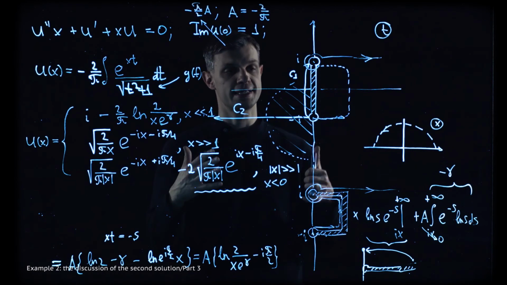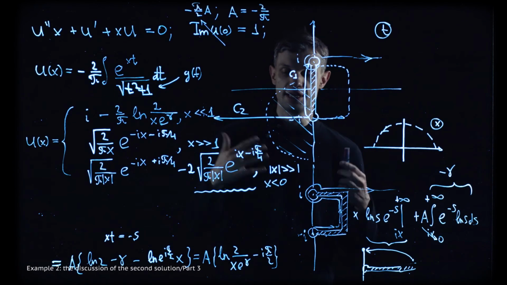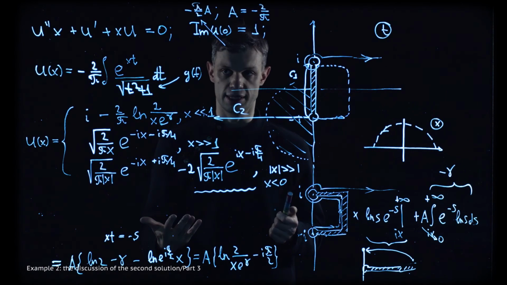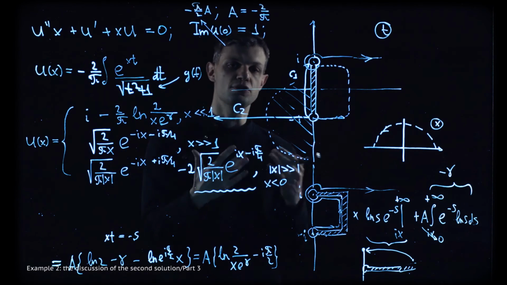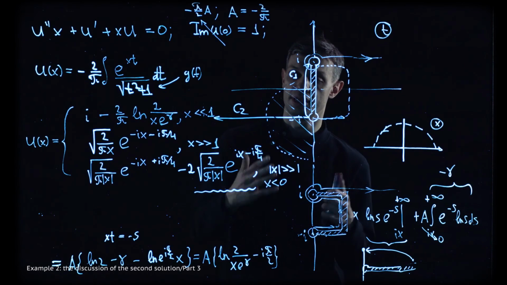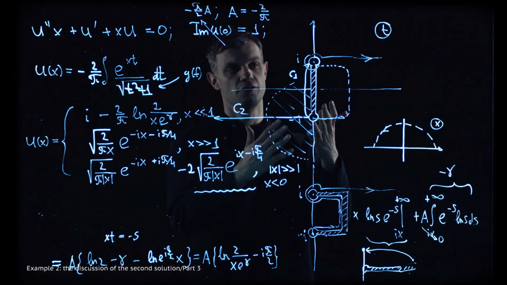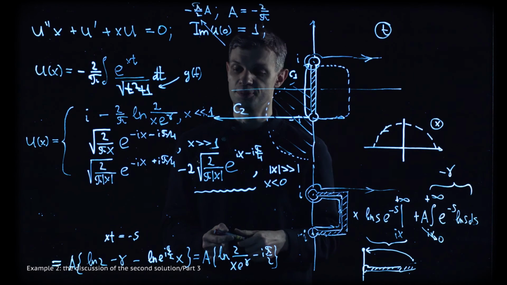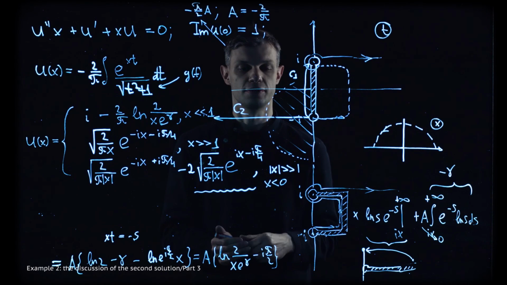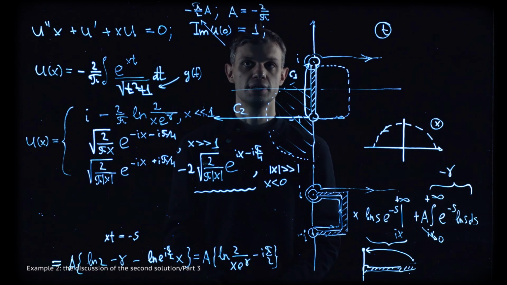So it's precisely that kind of phenomenon which leads to the scattering events in quantum mechanics. Now you can see a beautiful connection between the deformation of abstract contours in a complex plane and some physical interpretation of a mathematical problem. So I think that's it for today. Thank you.